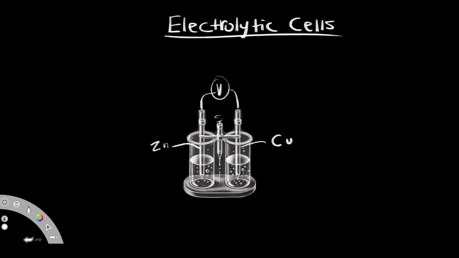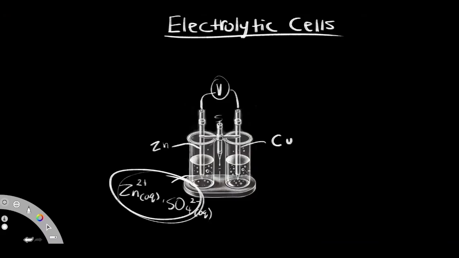We also had zinc sulfate in this solution. It's important to note that the zinc sulfate broke up into its respective anions and cations because it's in an aqueous solution, dissolved in water. So we can break up that ZnSO4 into Zn2+ as its cation and SO4 2- as its anion.